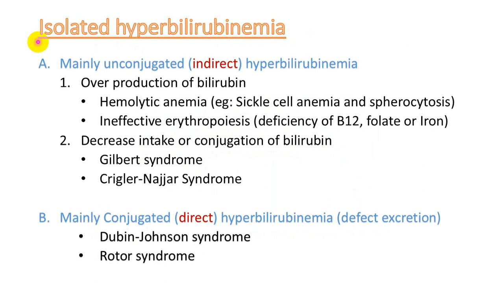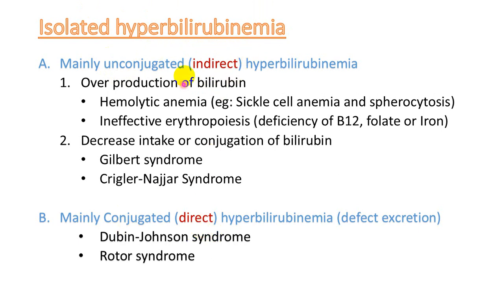So, if the patient has only the bilirubin elevated while all other liver tests are normal, we need to ask one simple question. Is the hyperbilirubinemia mainly unconjugated or indirect, or is it mainly conjugated or direct?